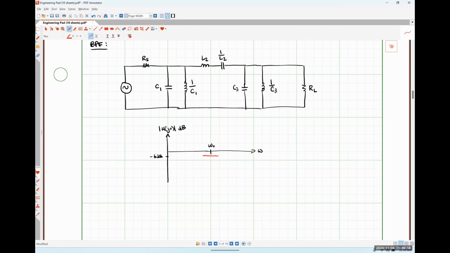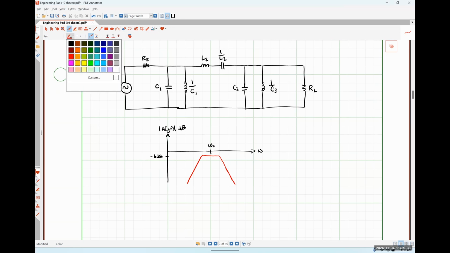So we're roughly flat in this region. Omega naught is the middle of our passband, okay? And then we're going to fall off at some particular slope, like so.